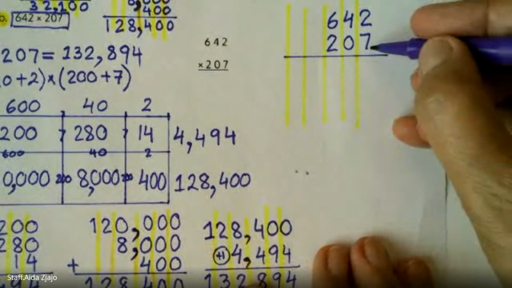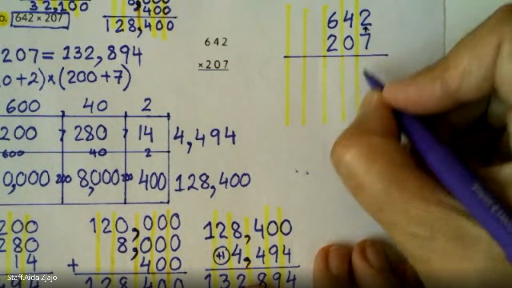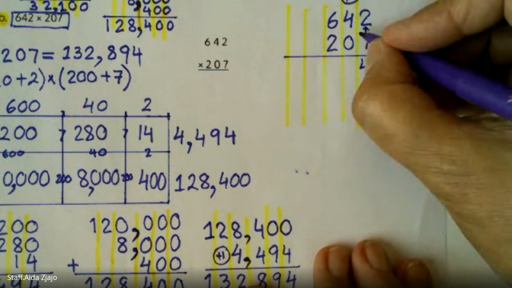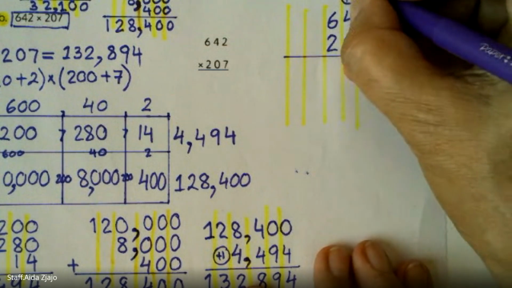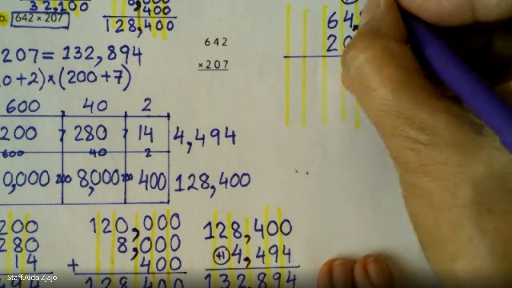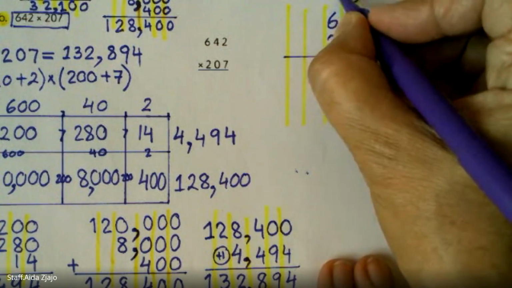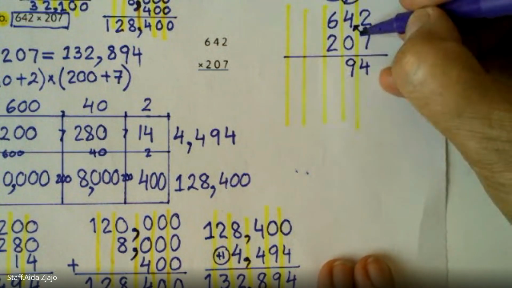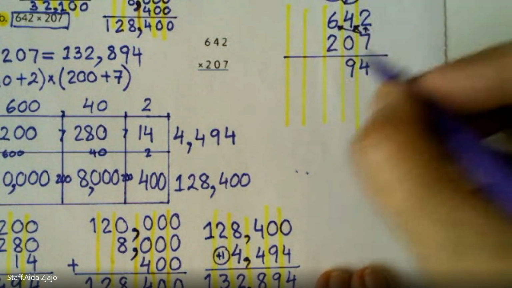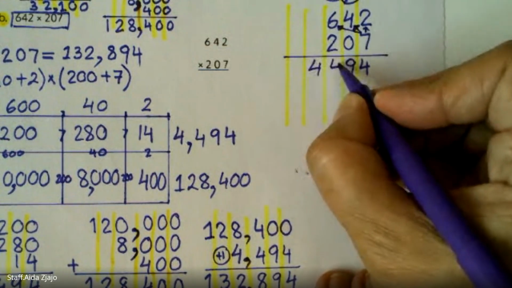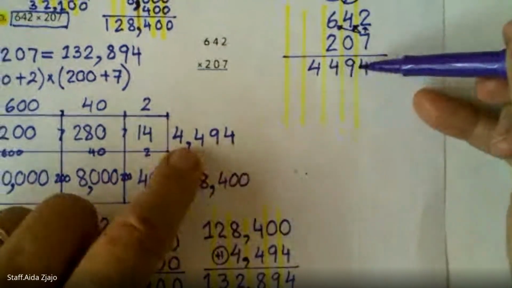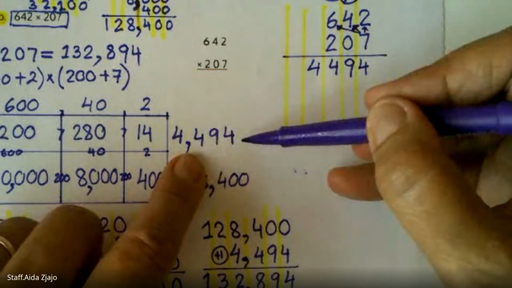So 2 times 7 is 14. 4, I remember 1. 4 times 7 is 28, plus 1 is 29. I remember 2. Okay, so 6 times 7 is 42, plus 2 is 44. So far we are good. 4,494, which matches with this.